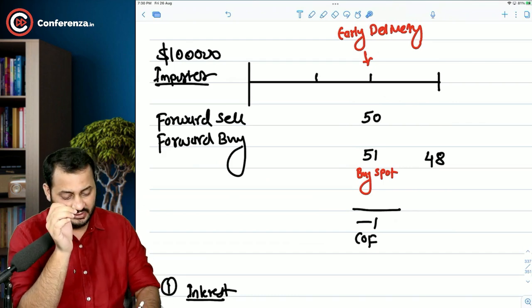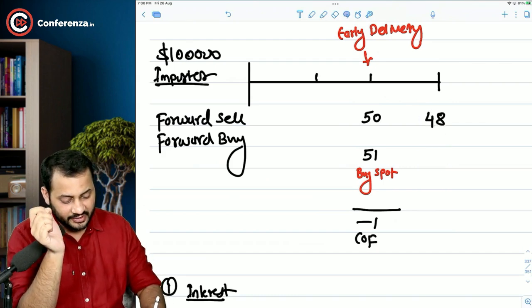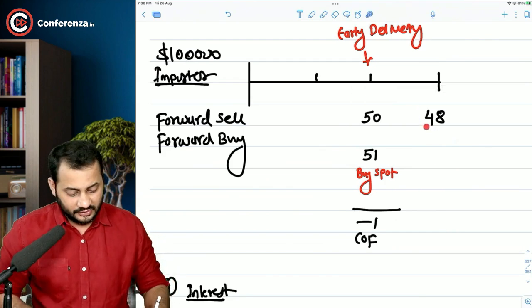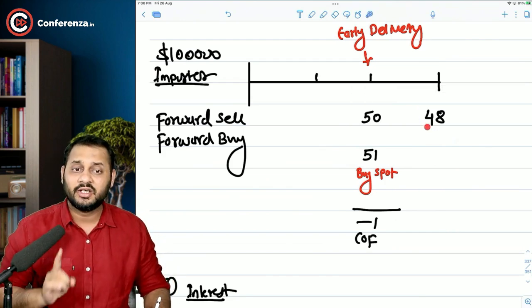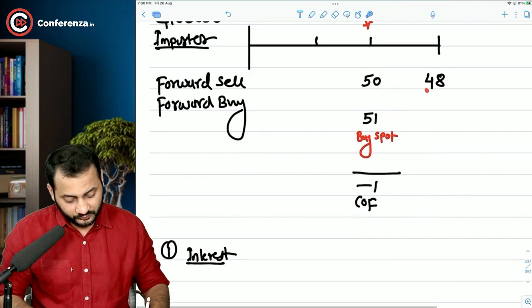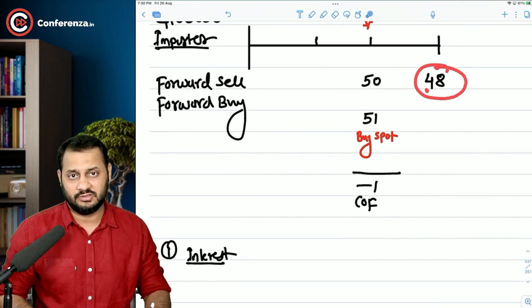In this case, it is mandatory. Understand? It is mandatory according to the FEDAI rules that the bank should take a swap contract. Swap contract means the bank should cover this contract on this date itself. Didn't understand? I will tell you.